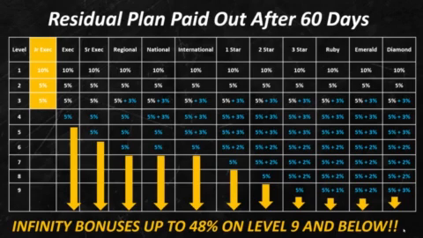And then we've got an additional percent as you reach ruby, and then emerald, and finally another percent at diamond director. But as you move through this compensation plan, it is incredibly lucrative, and in fact, you can be earning up to 48% on all the volume on level 9 and below.